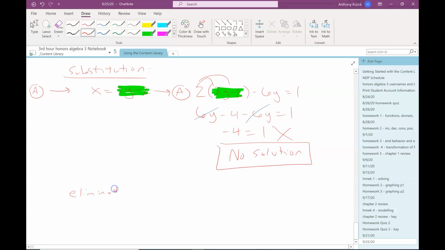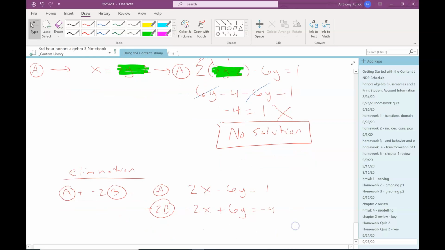If we did elimination, as Sydney suggested earlier, we're going to do equation A plus -2 times equation B. So equation A was 2x minus 6y equals 1. -2 times B then would be -2x plus 6y is equal to -4.